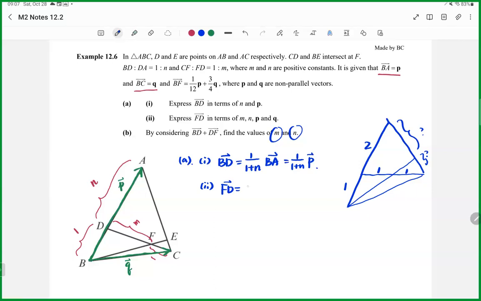So it's M divided by 1 plus M CD. So FD is a part of CD. And the CD is CB plus BD. So that is M over 1 plus M, times CB plus BD. CB is negative Q, and BD is found already.